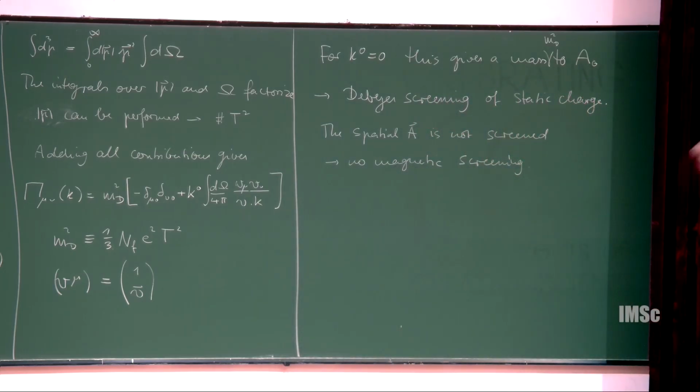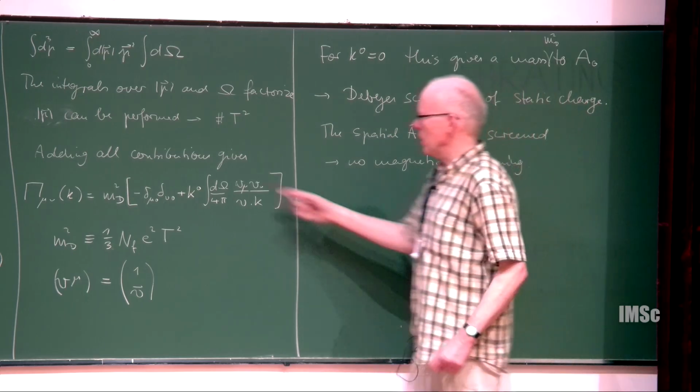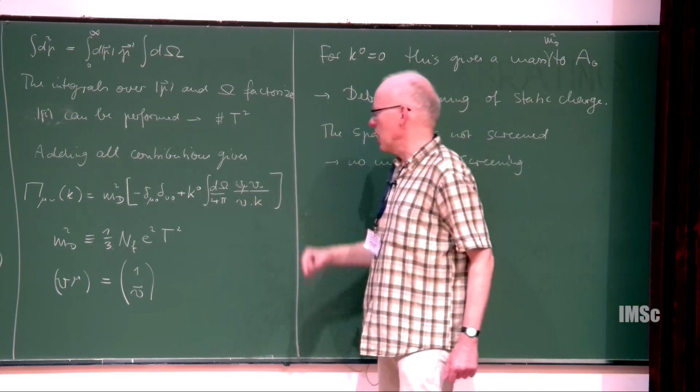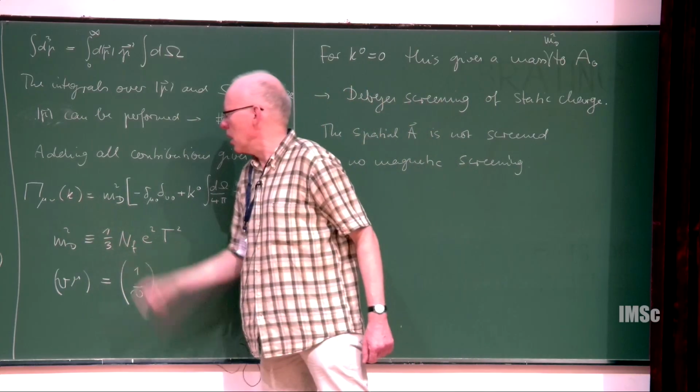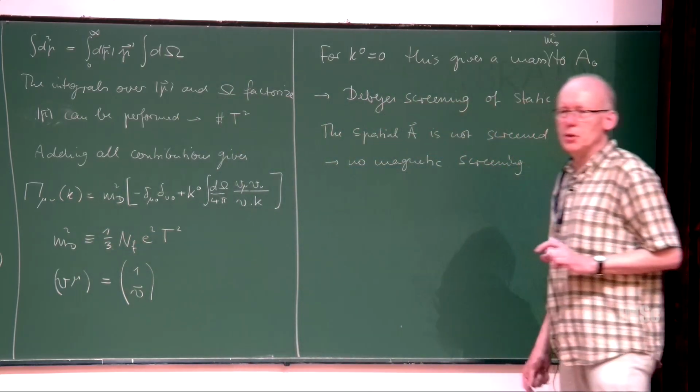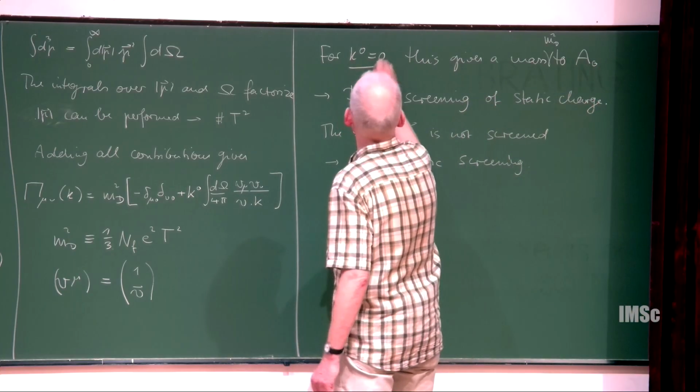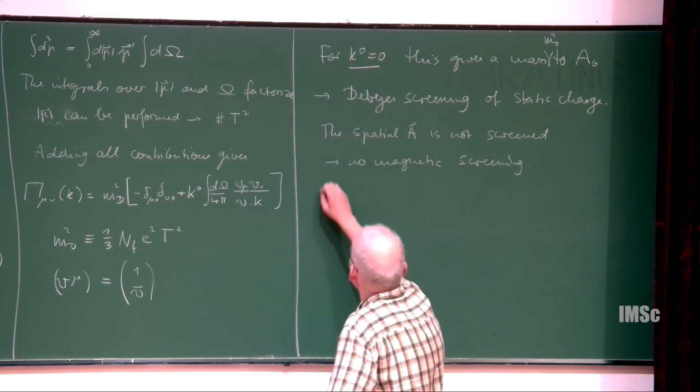Now, if we go to non-zero k, then we get something which looks quite different. And then you see also the spatial components of the pi mu nu are non-zero. So this was k not equal to 0.